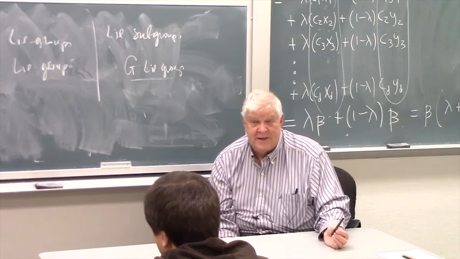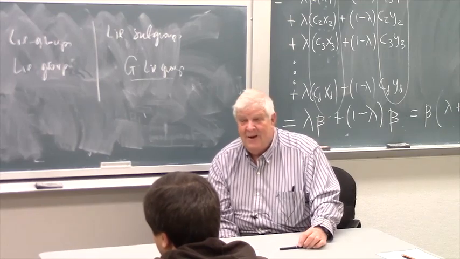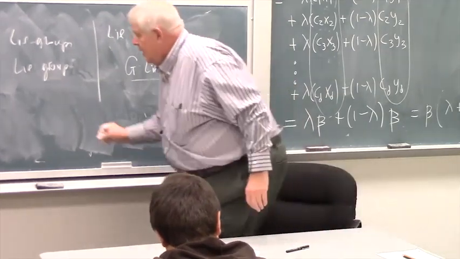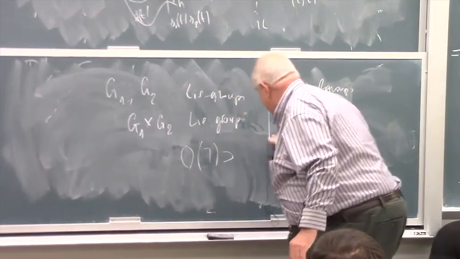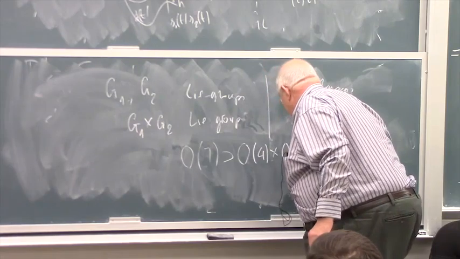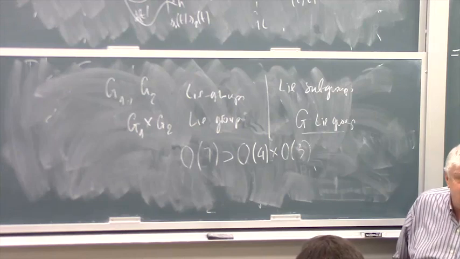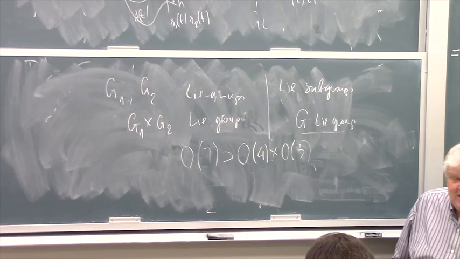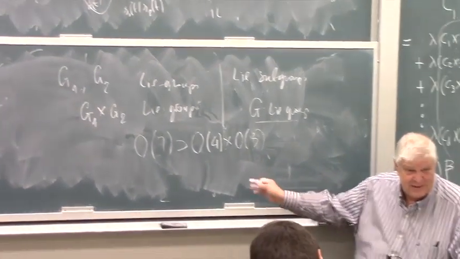Please say, for example, that O(n-1) is a subgroup of O(n). Thank you for this. O(n-2) also. But also, for example, you have O(7). Then you have a subgroup O(4) times O(3). Just consider the block diagonal matrices with blocks of dimension 4 and 3. And this is certainly true not only for 7, 4, and 3.